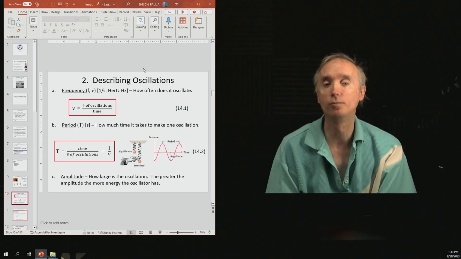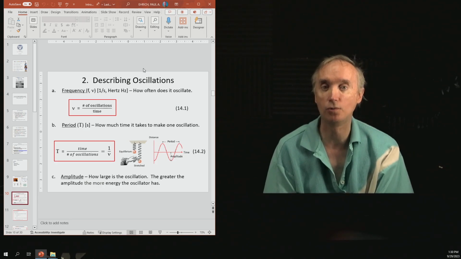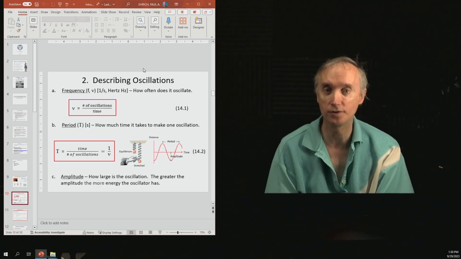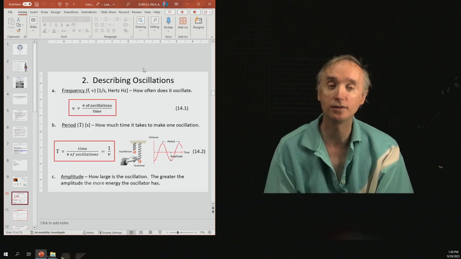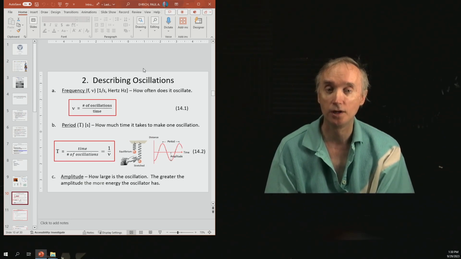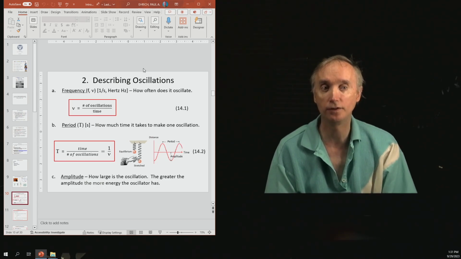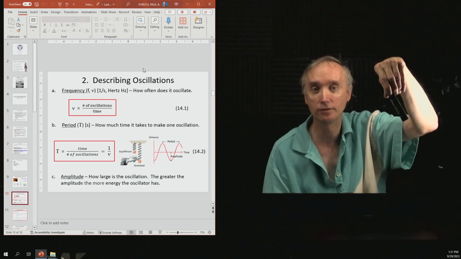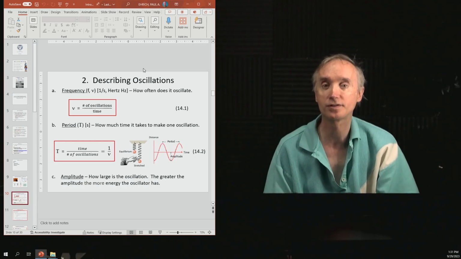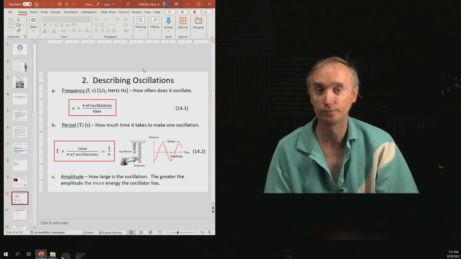Okay, then we had a whole bunch of definitions. So we had what frequency was, and you should also know what its abbreviation is, and what the unit is for frequency. You should be able to calculate the frequency if you know the number of times that something oscillates back and forth, and the amount of time it takes to do it in.